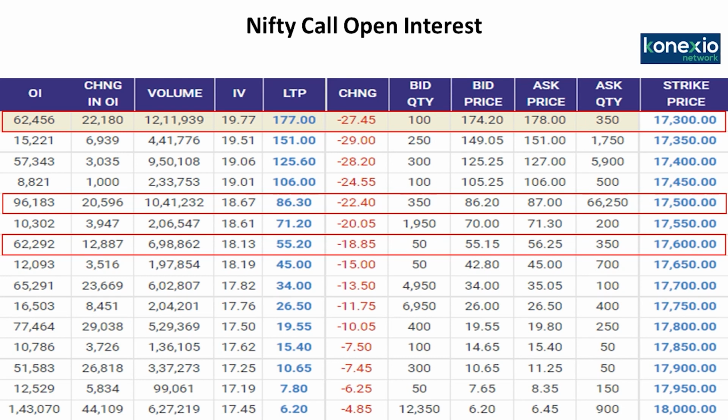The implied volatility is just between 18.13 and 19.77. Looking at this, we feel that the last 2 days the Nifty has been under pressure. It was indecisive. So maybe some sort of weakness could be seen, but not a major weakness. Some sort of correction could happen, but that should be used as a buying opportunity on the downside.